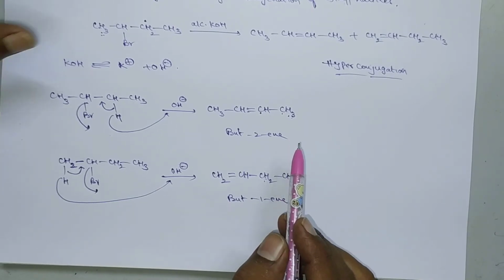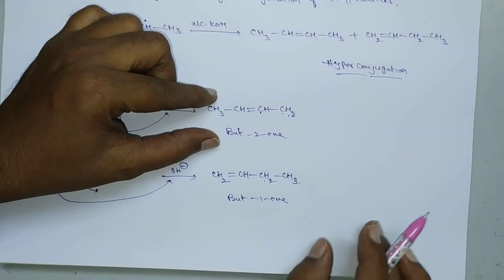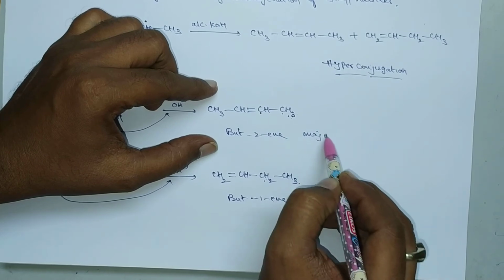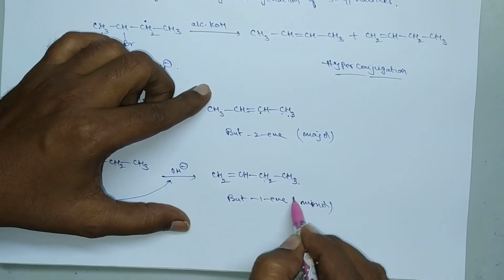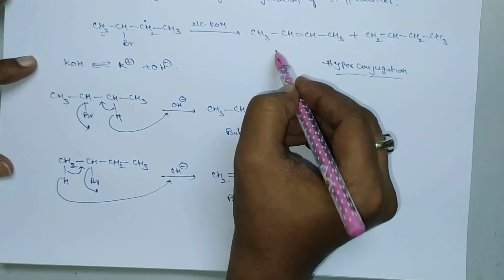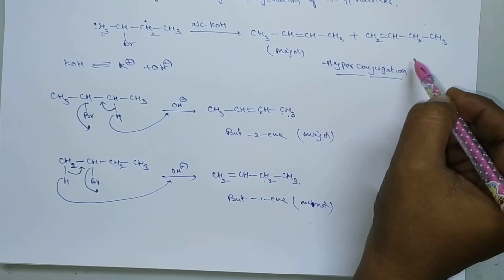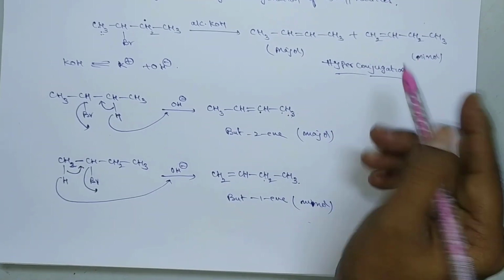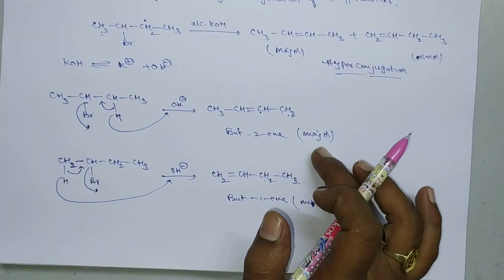So this molecule possesses the maximum number of hyperconjugative structures. That's why this will be the major product and this will be the minor product. So but-2-ene is major and but-1-ene is the minor product. In this way we can predict the stable compound by hyperconjugation.